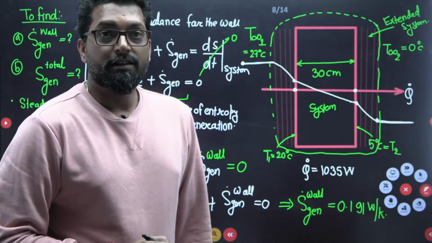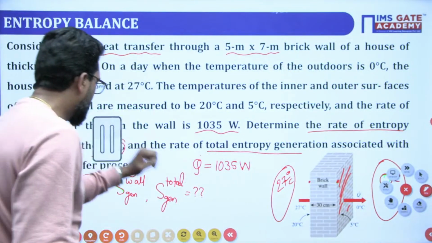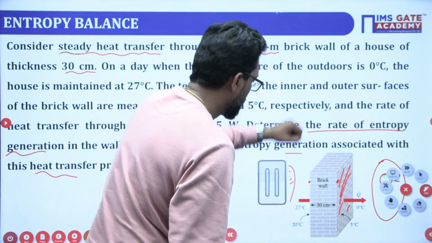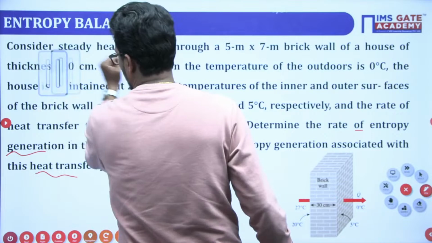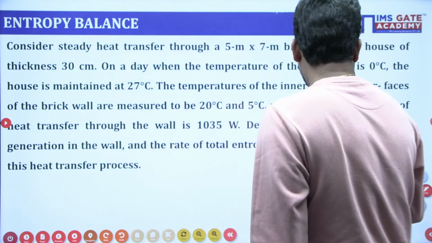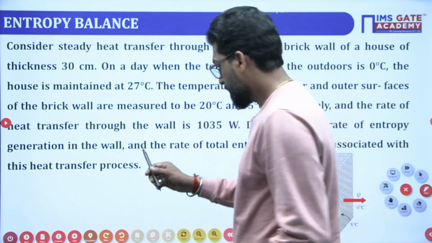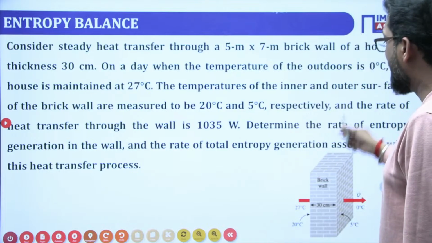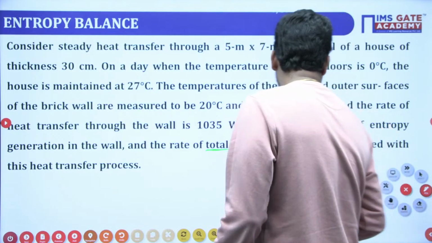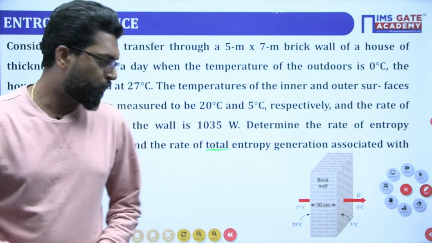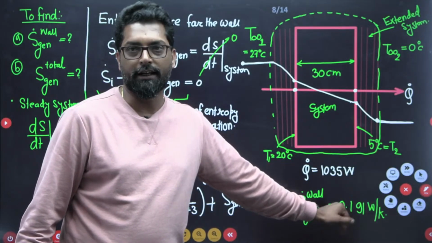Now the second question is to determine the rate of total entropy generation associated with this heat transfer. Yes, 0.19, correct. Correct Vivek, correct.